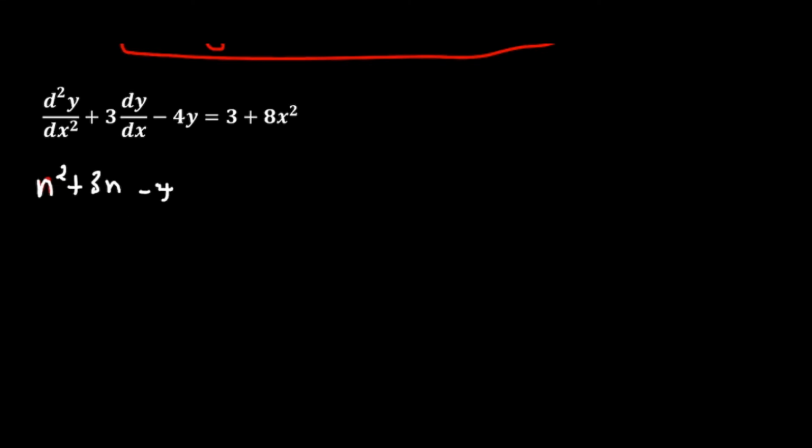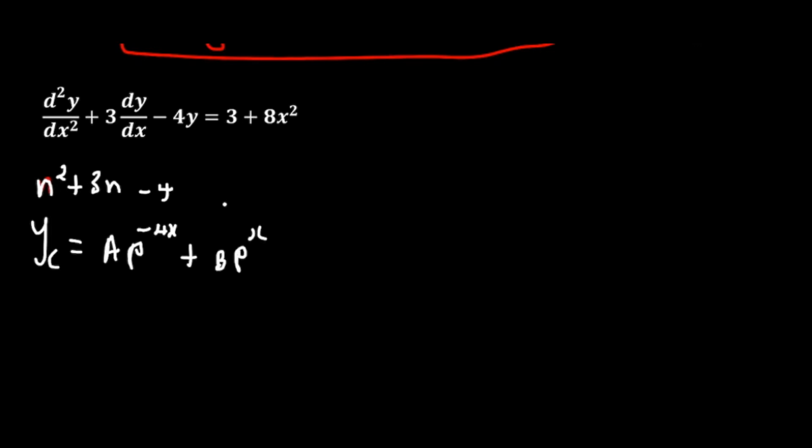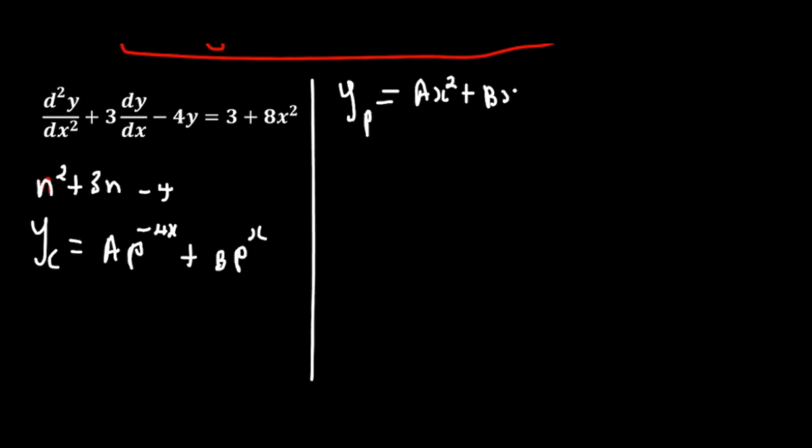We already saw that this gives us our complementary solution to be a e to the minus 4x plus b e to the x. So what we're interested in is the particular solution. In this case we have a quadratic, so our y particular will simply be equal to ax squared plus bx plus c.